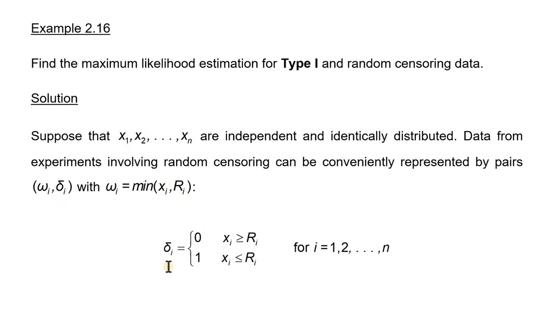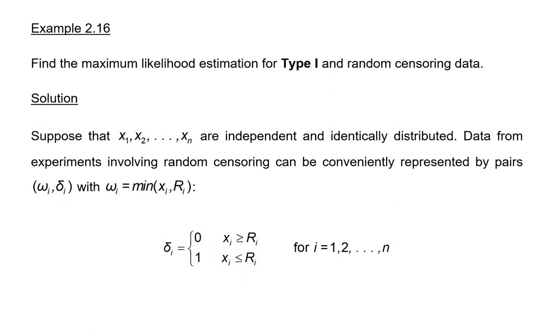And then the indicator variable, which is delta. Delta can take the numbers 0 and 1 as usual, since it is an indicator variable. 0 is for when the time is greater than the censored time, which means 0 represents the data that is censored. So 0 for censored, 1 for uncensored, because the time is less than the time we are going to stop the experiment.